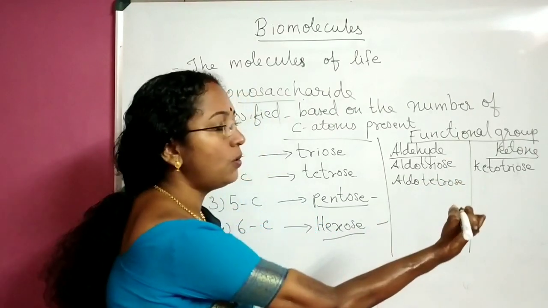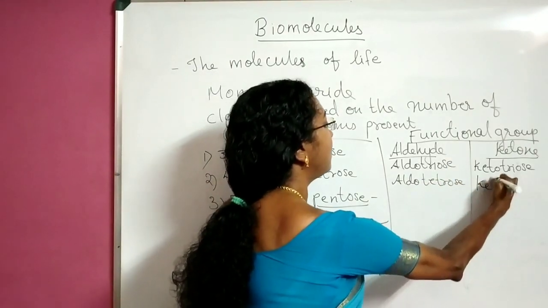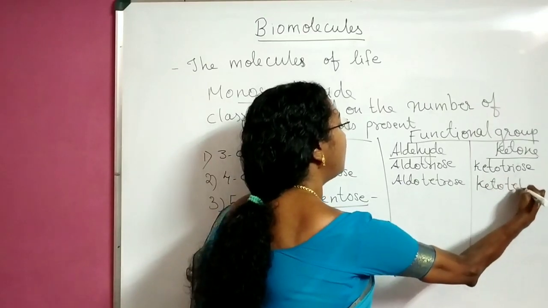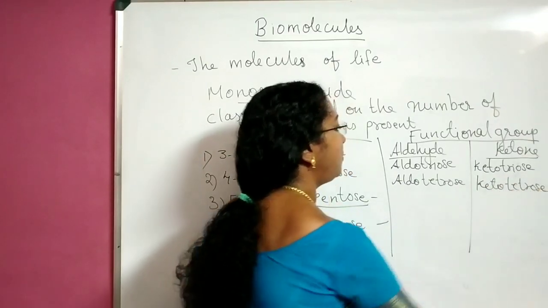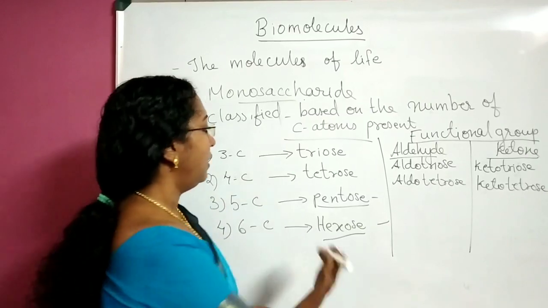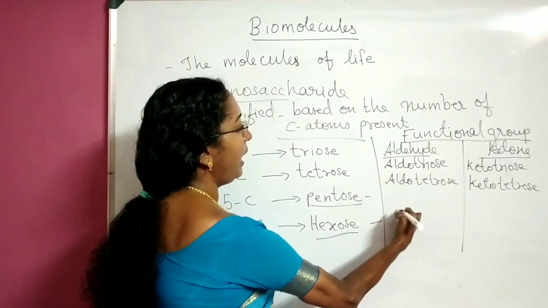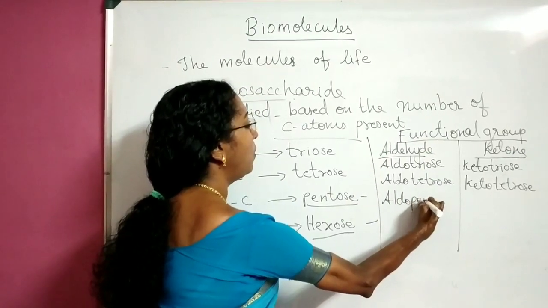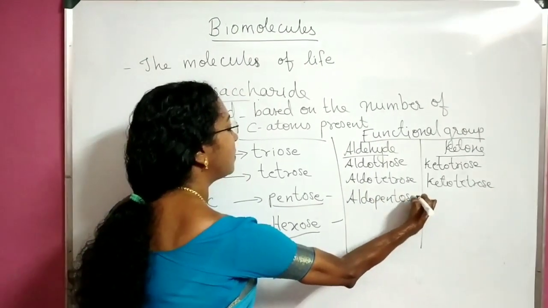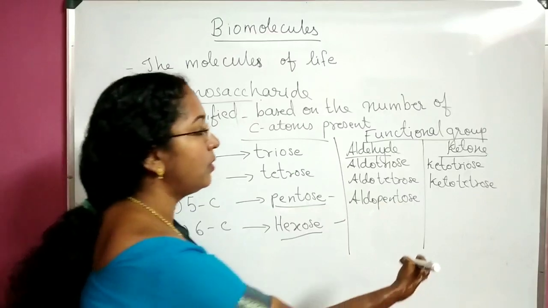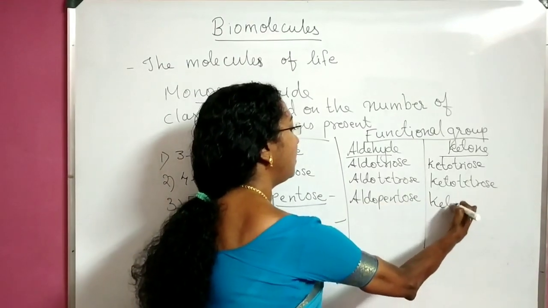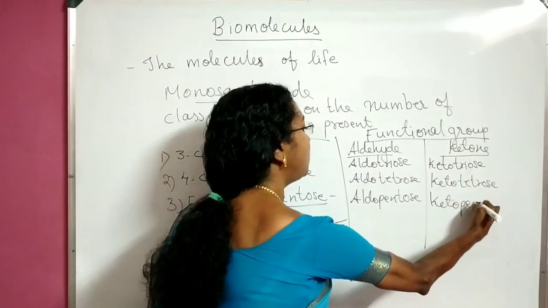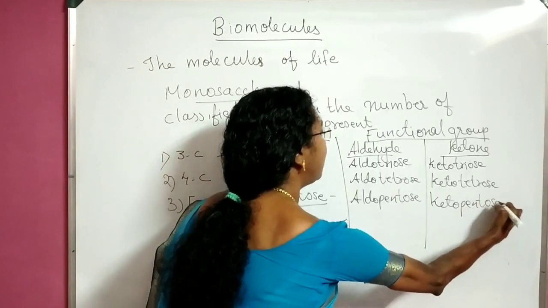And if it is ketone, you will call it ketotetrose. Pentose sugar, 5 carbon, aldehyde the functional group, so it is aldopentose. And if ketone is the functional group, then it will be ketopentose. Isn't it very simple to learn?